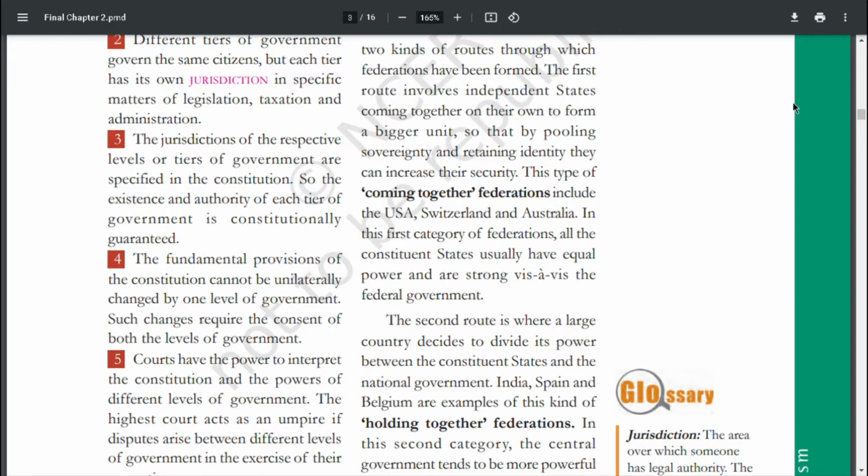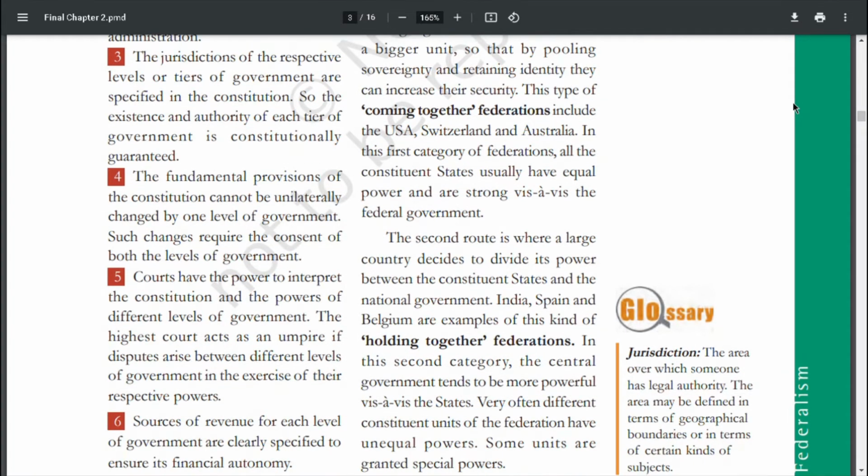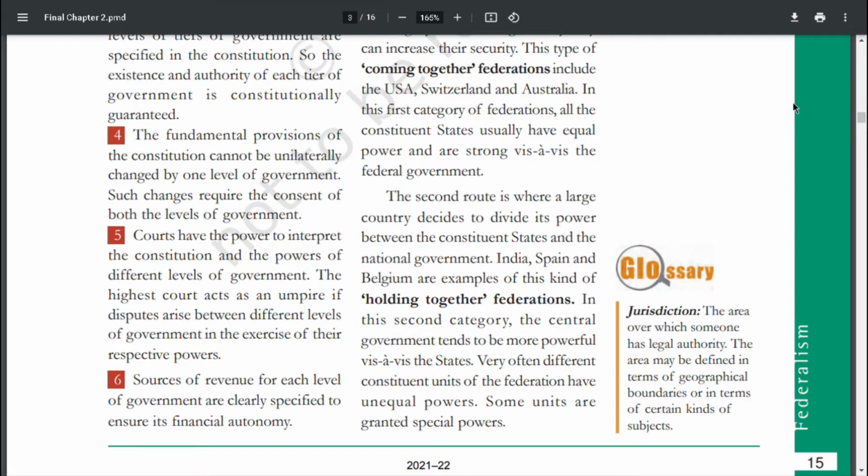Third, the jurisdiction of respective levels or tiers of government are specified in the Constitution, so the existence and authority of each tier of government is constitutionally guaranteed. Fourth, the fundamental provisions of the Constitution cannot be unilaterally changed by one level of government. Such changes require the consent of both the levels of government.